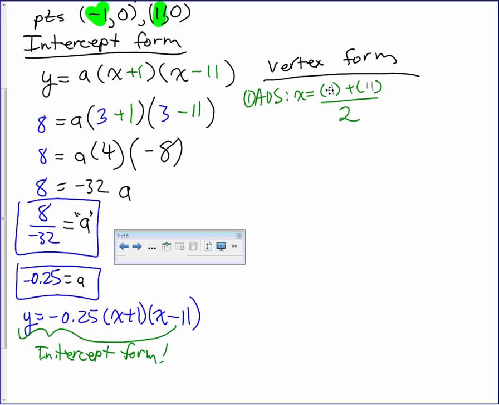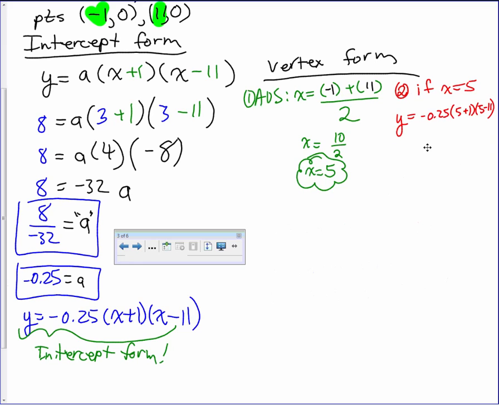The axis of symmetry is going to be -1 plus 11, which is 10, over 2, which gives us 5. And now we're going to calculate the y value for our vertex. And we end up with y is equal to 9. You notice we took our 5 and plugged it into the equation that we just calculated. Best thing ever. And by doing so, you get 9.